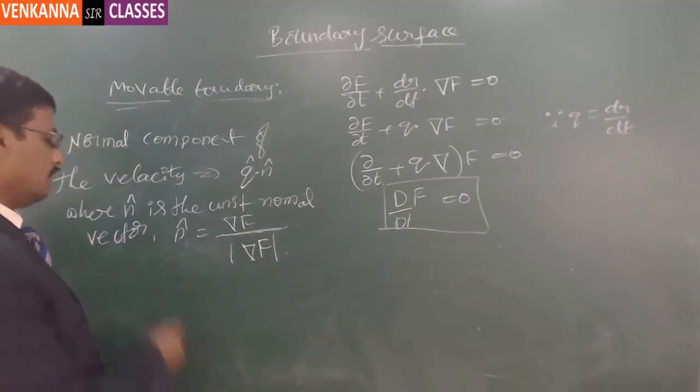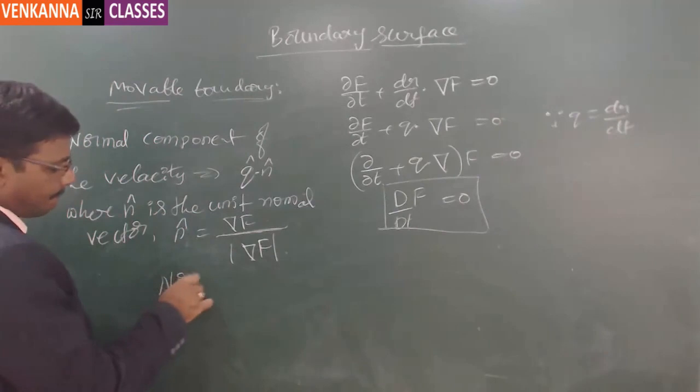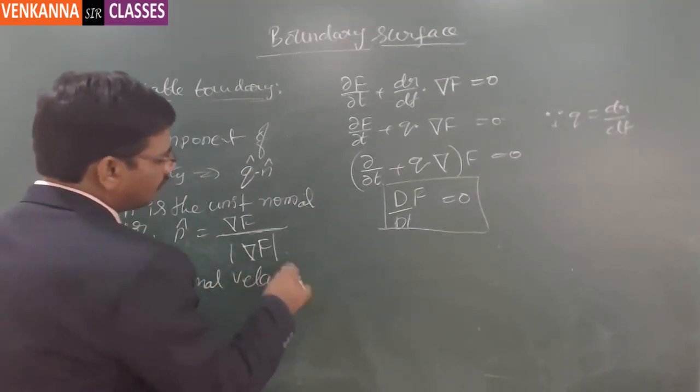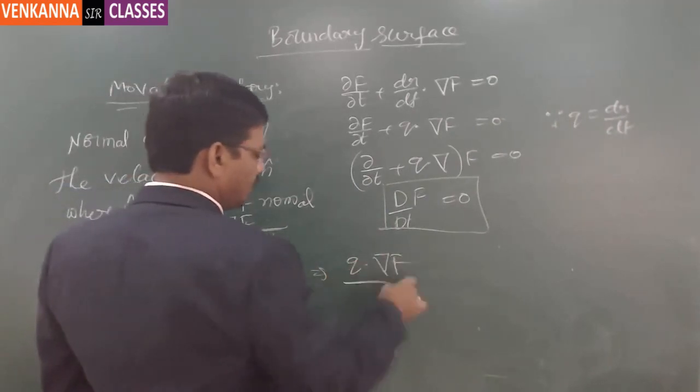So the normal component of velocity will be q dot ∇f by mod ∇f.